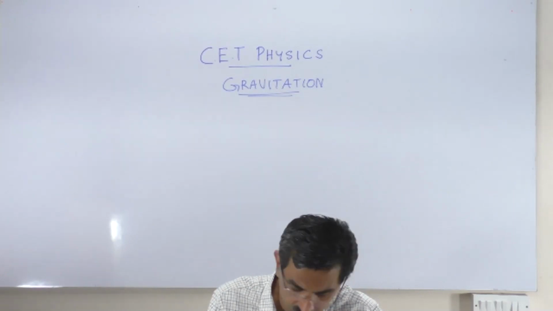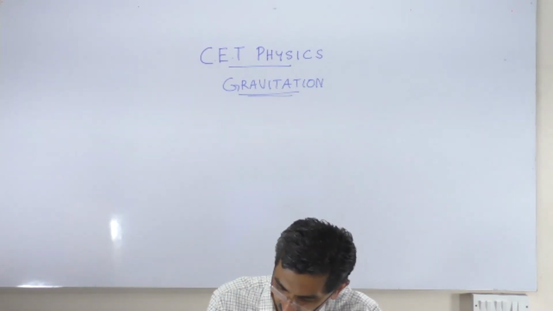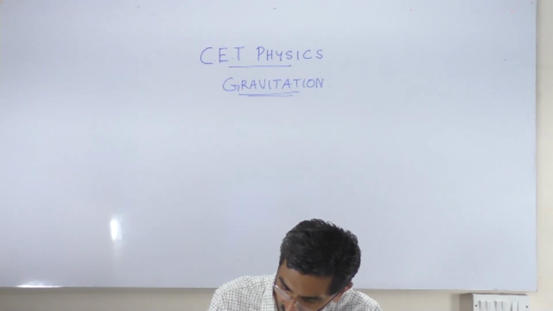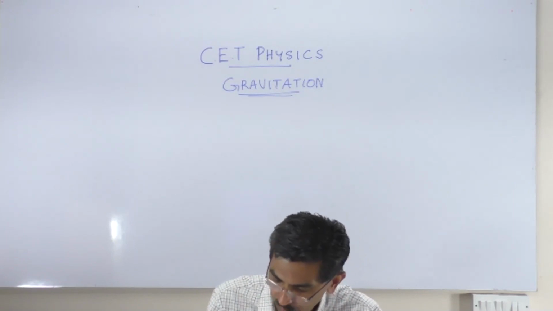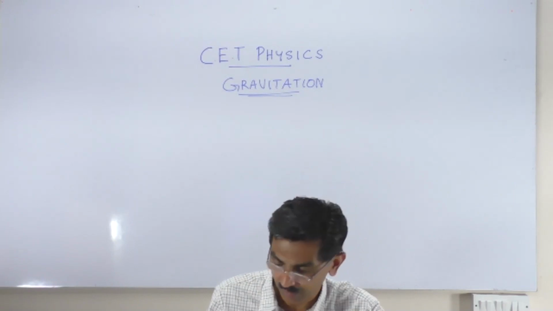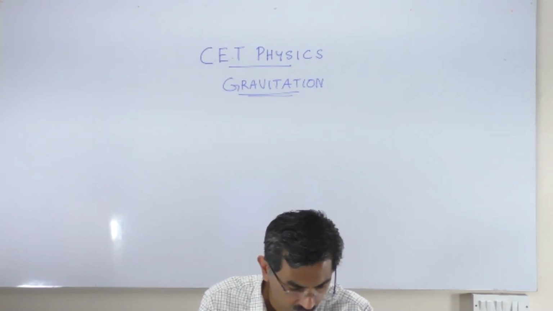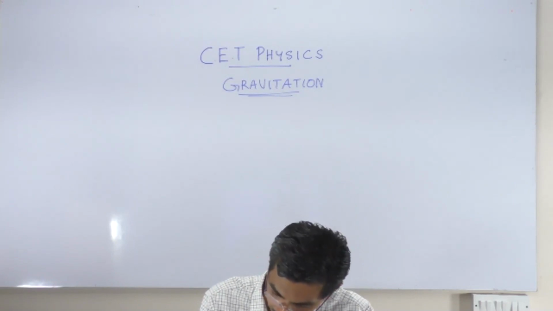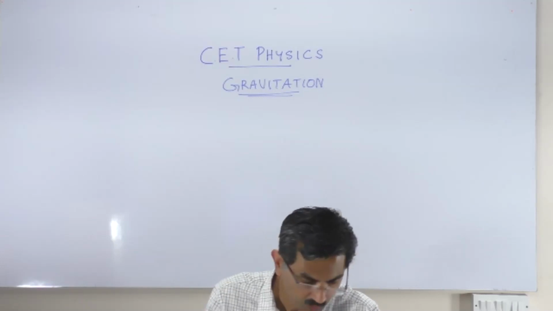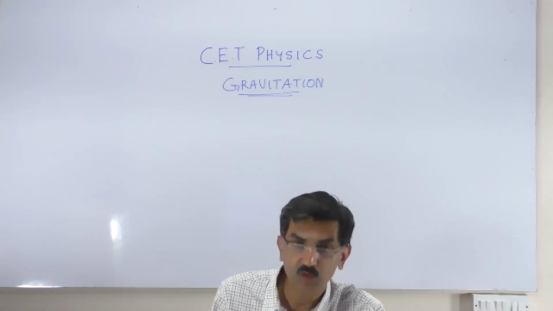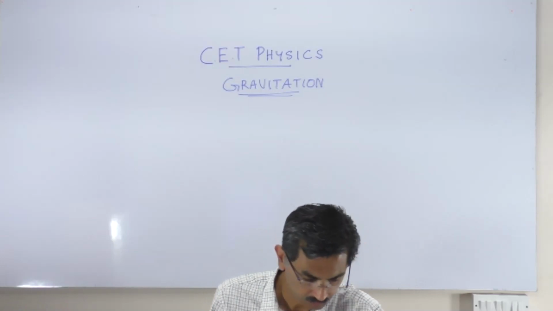And the kinetic energy is given by half mv square, and the potential energy is given by this, and when you add them up and replace mv square in terms of G, M and m, you will get this. This is the total energy of the satellite which is orbiting Earth.